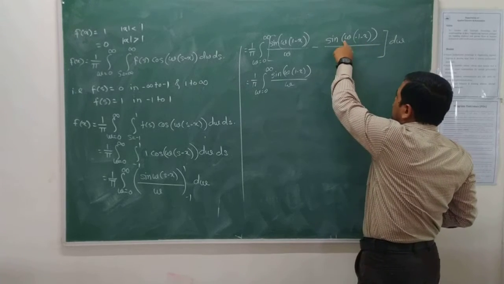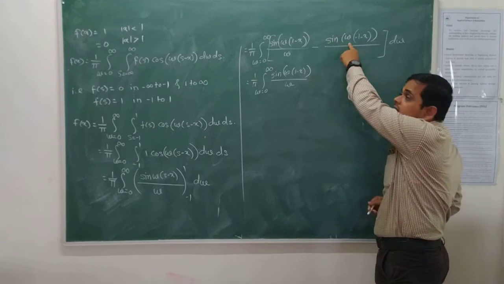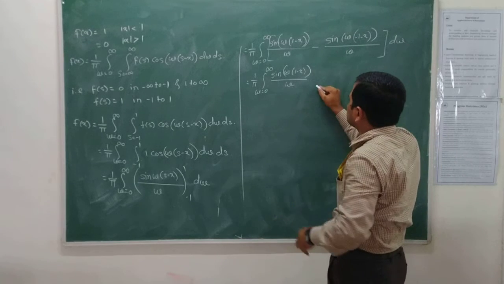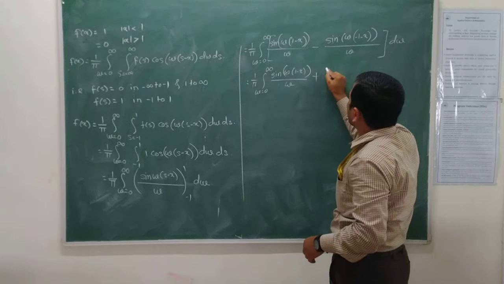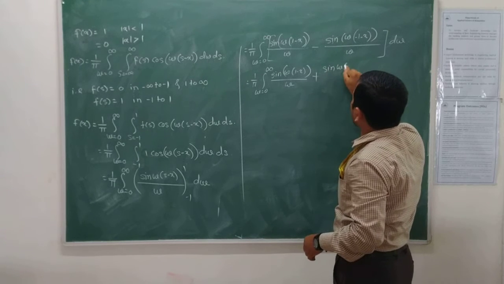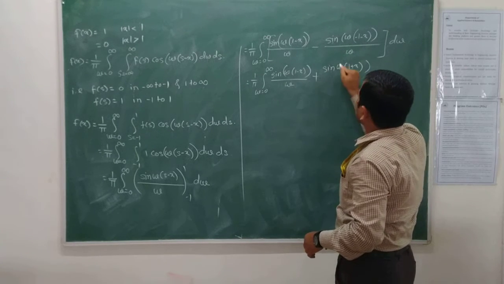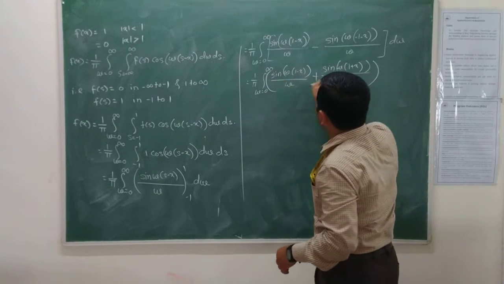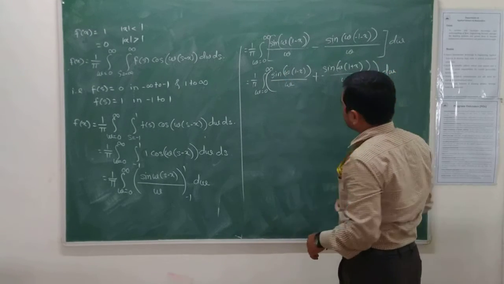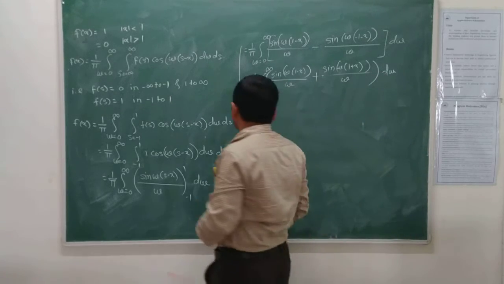Here I am taking a minus in common. We get sine of minus theta, and sine of minus theta becomes minus sine theta. So this minus and the minus coming from here becomes plus, sine of omega into bracket 1 plus x divided by omega, d omega.